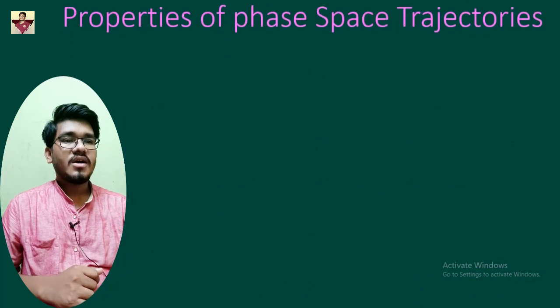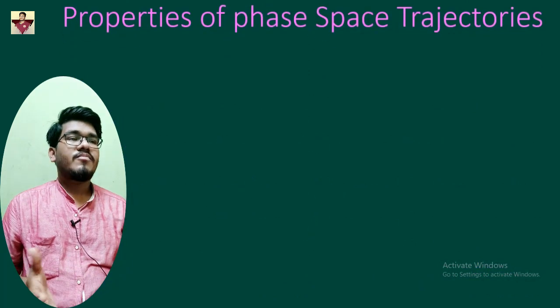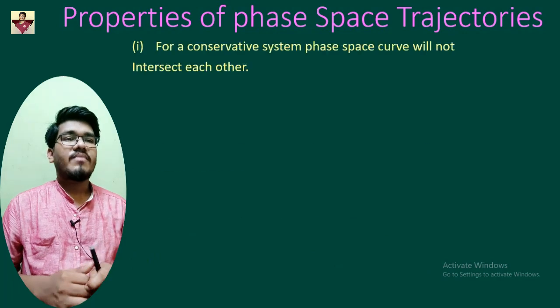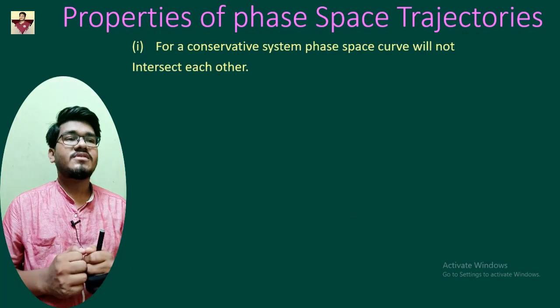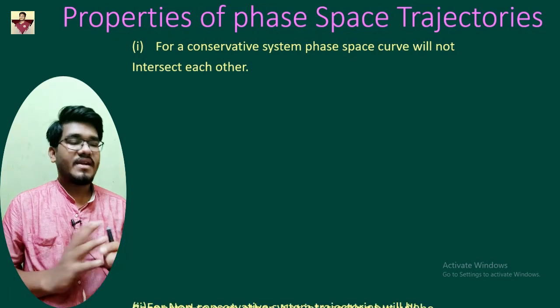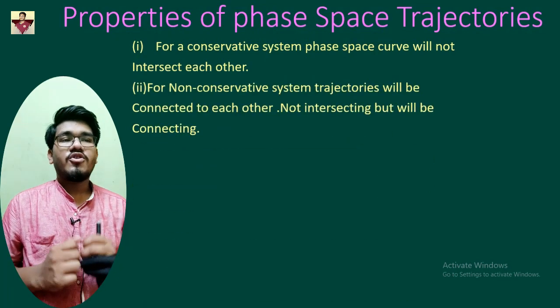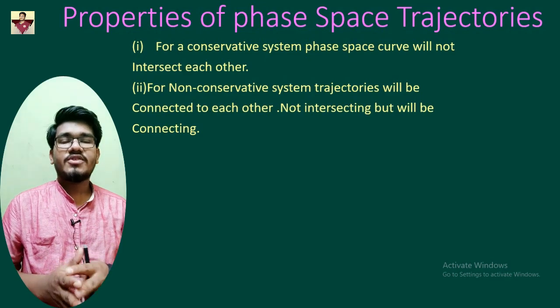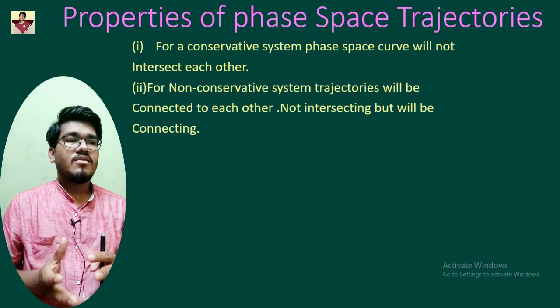Next, before plotting, you need to know some properties of the phase trajectories. Property number one is, for a conservative system, phase space curves will not intersect each other. But I will also tell what the case is for a non-conservative system. For a non-conservative system, trajectories will be connected to each other, but not intersecting.